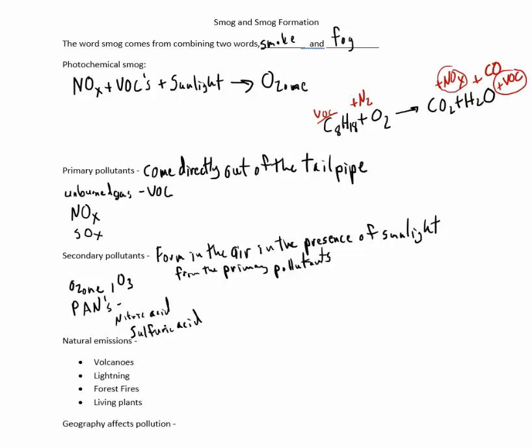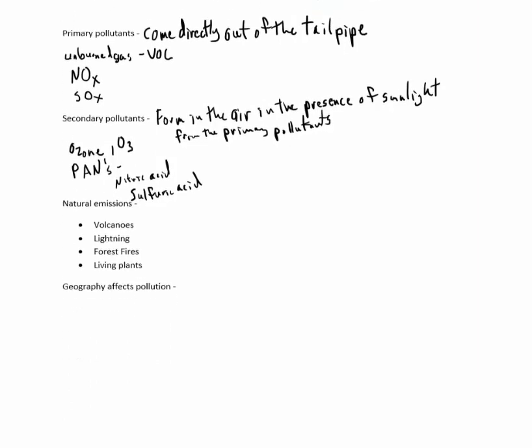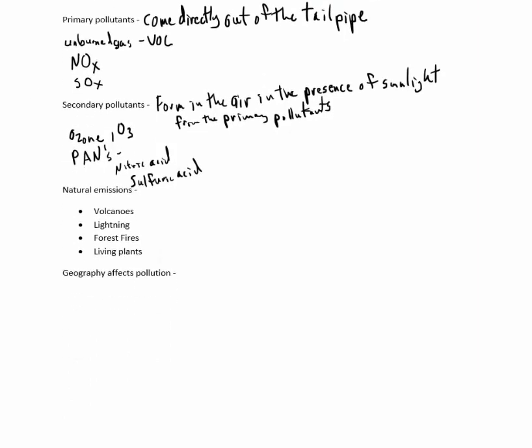Okay. All right, so like I just said before, some of these things are natural sources, so natural emissions of some of these pollutants. So for instance, volcanoes put NOx in the air. They also put SOx in the air as well. And particulate matter, which again is dust particles or smoke.